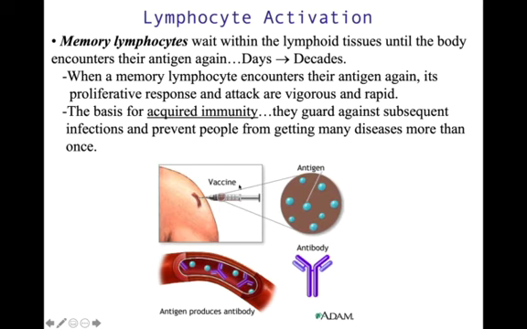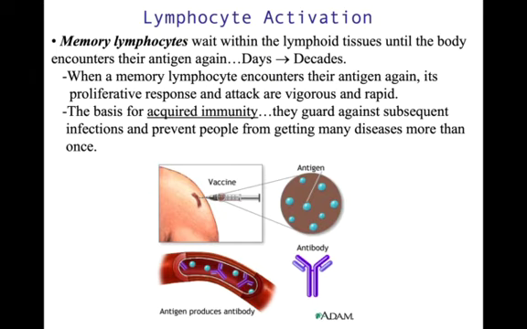So the reason why we get a vaccine is why? Well, we don't inject a full-blown pathogen into our body. We inject an attenuated form, a weakened form of that pathogen. The thing is, though, even though it's a weakened form, it's still bearing the same type of antigens that a stronger version of that pathogen would have.